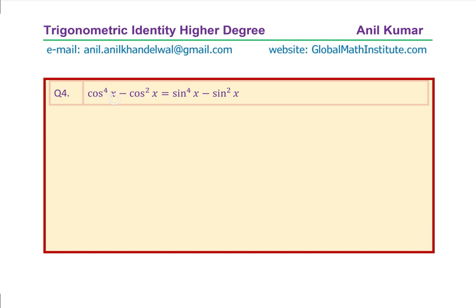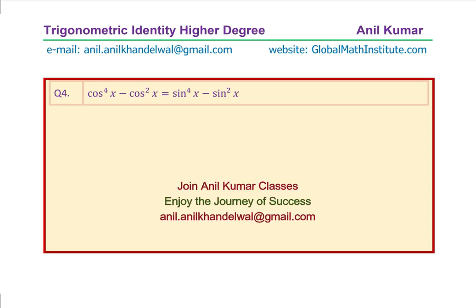Now in this particular case, you see that all the cosine terms have been written in terms of sine. So let's see, how do we do that? Well, let's begin with cos to the power of 4x, which is the left hand side, right? So let me begin with the left hand side, which is cos 4x minus cos square x.